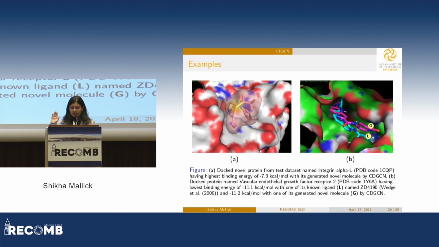On the right-hand side, I show another docking result between the protein vascular endothelial growth factor receptor 2, which is a big one, the generated molecule tagged as G, and the known ligand tagged as L. The known ligand gave a binding energy of -11.1, whereas the generated molecule gave a binding energy of -11.2.